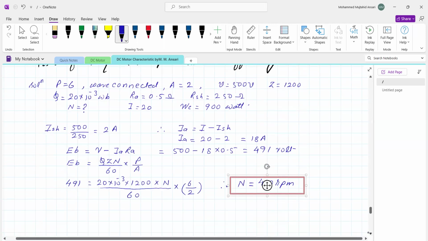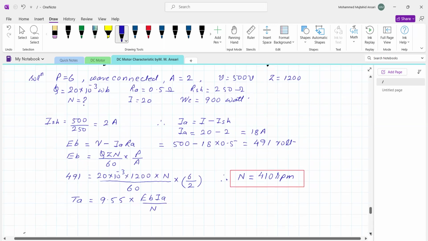Okay. Now, what is the next? We want to calculate the torque developed by the motor. So Ta, the torque developed by the motor, is equal to 9.55 into back EMF into armature current divided by speed.